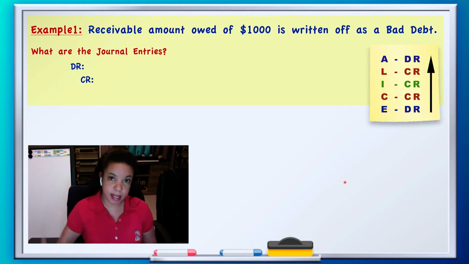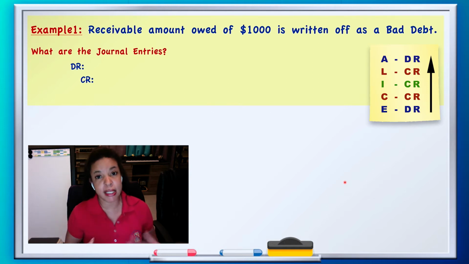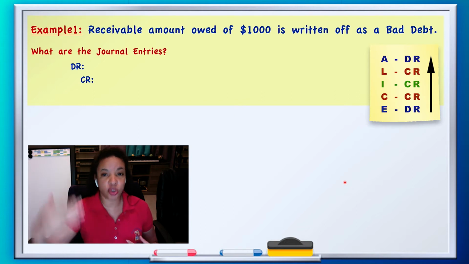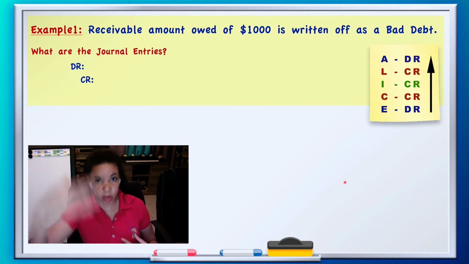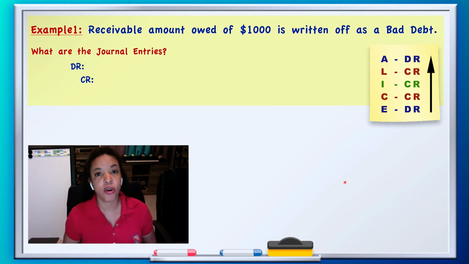They owe less than they did before. How much did they owe? $1,000. Because they cannot pay it and the business is writing it off as a bad debt expense, it means that they don't owe that $1,000 anymore. So that amount owed is decreasing or reduced.